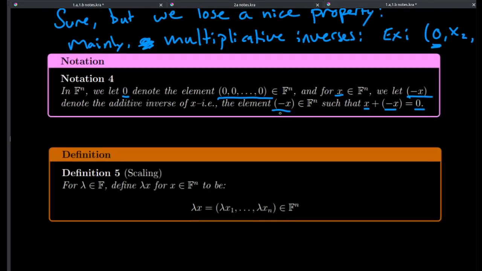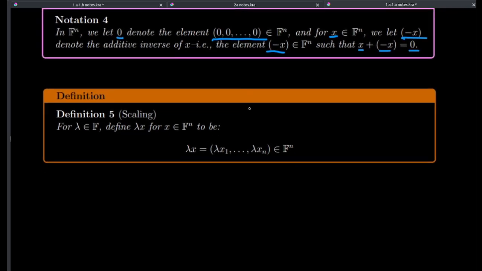So since that's all good, we have additive identities in n copies of a field. We have additive inverses. Everything's fine. But multiplication breaks. So here's how we fix it, I guess. We define it relative to elements of the field instead of lists of field elements.